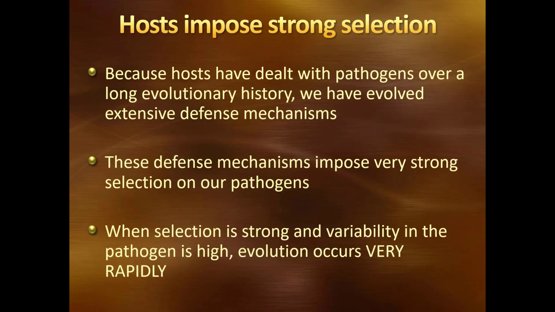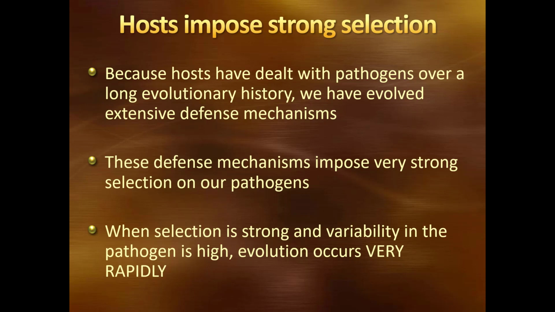If we impose very, very strong selection, only the best of those pathogens survive. But we also have very high variability in our pathogens. So even though we have very strong selection, there will be some out there that are capable of overcoming our defenses because they have that variation. That means that evolution will occur very, very rapidly.